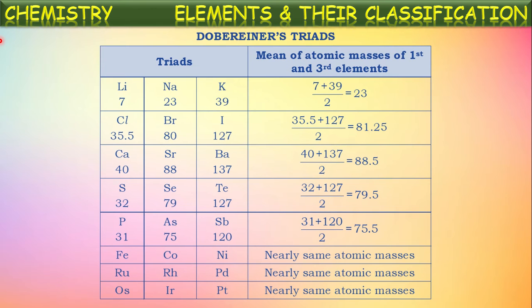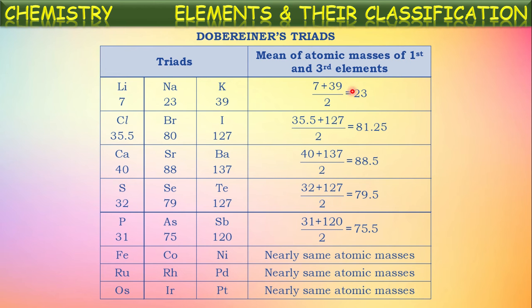See here, some examples of Dobereiner's triads are given. One of the triads is lithium, sodium, potassium. Dobereiner observed these three elements have similar properties, and he arranged them in the increasing order of their atomic weights. It is observed that the atomic weight of the middle element, sodium, is equal to the arithmetic mean of the atomic weights of the first and third elements. The atomic weight of lithium is 7 and that of potassium is 39.